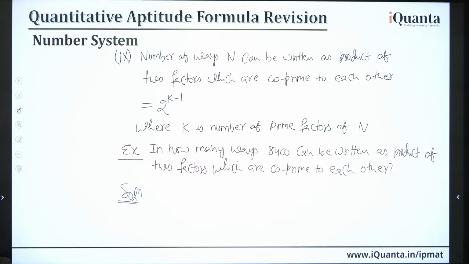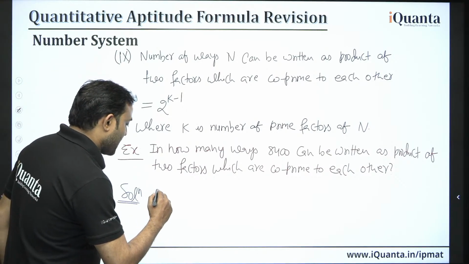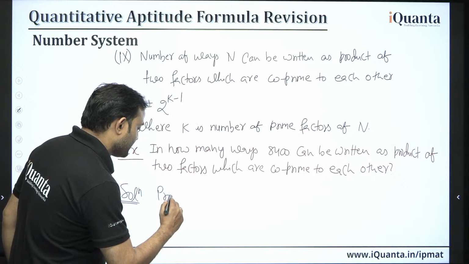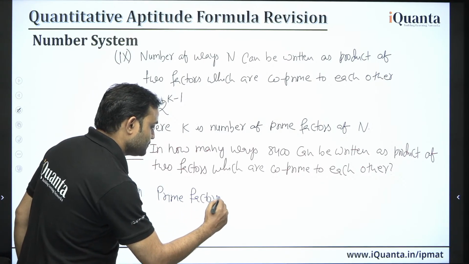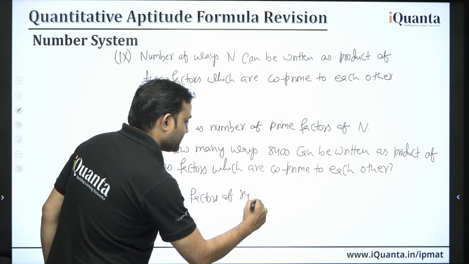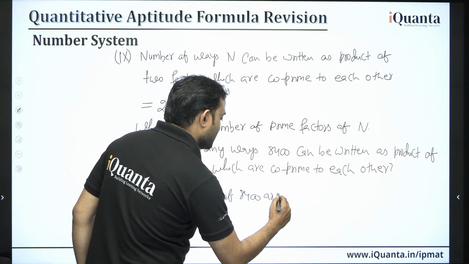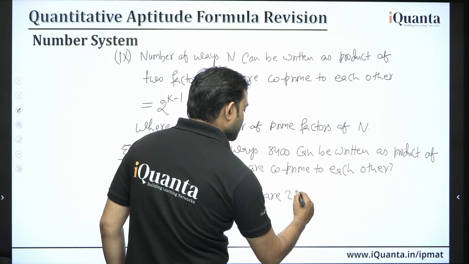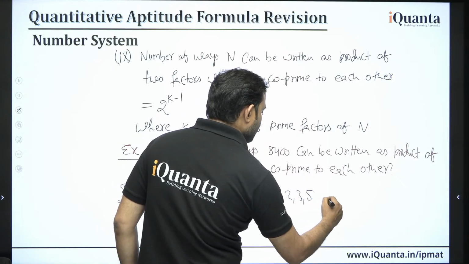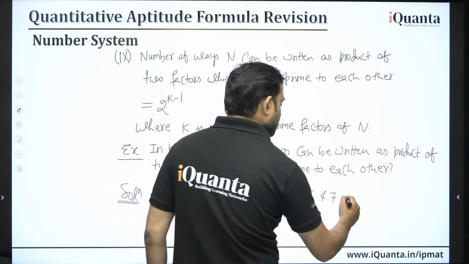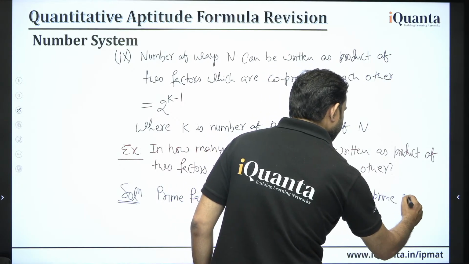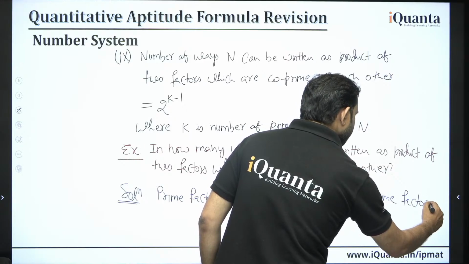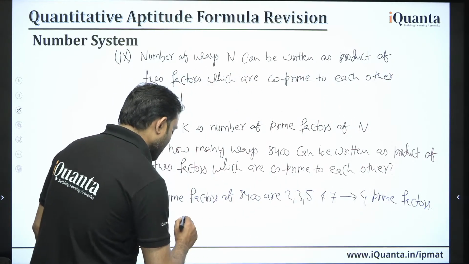Let's see. First we need to find how many prime factors 8400 has. The prime factors of 8400 are 2, 3, 5 and 7, meaning 4 prime factors. Okay, so what will be our answer?